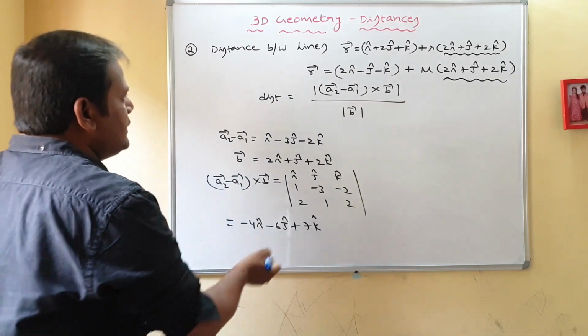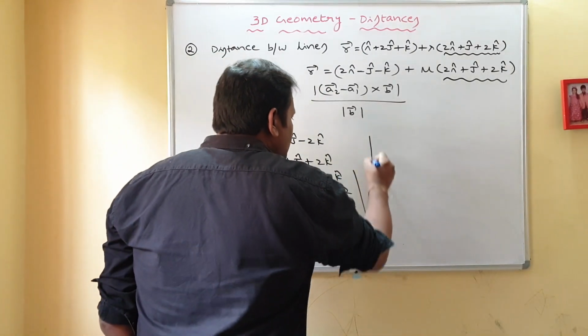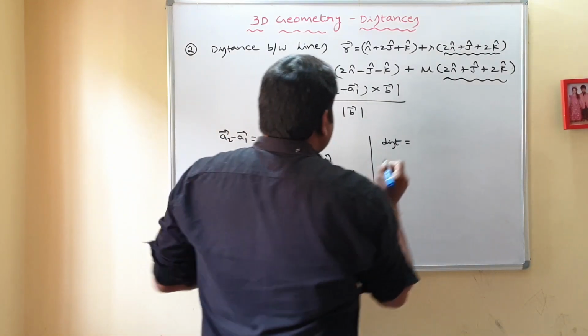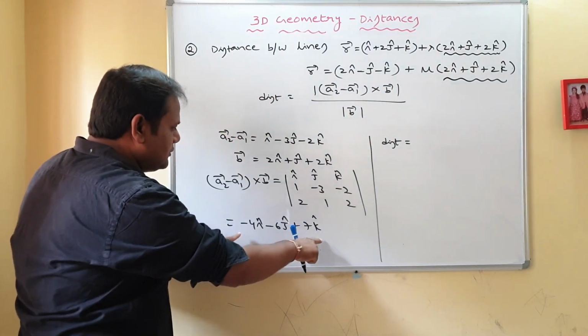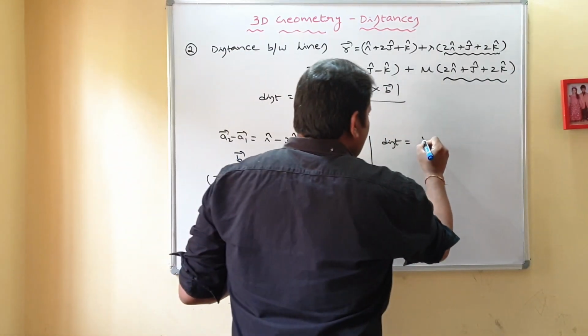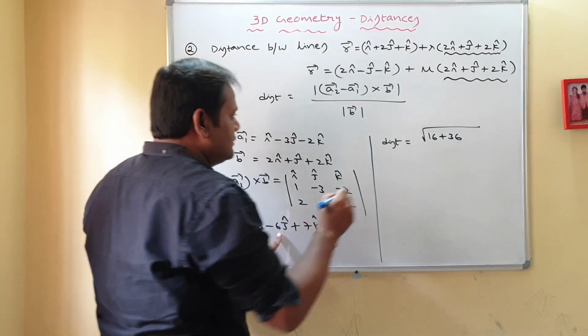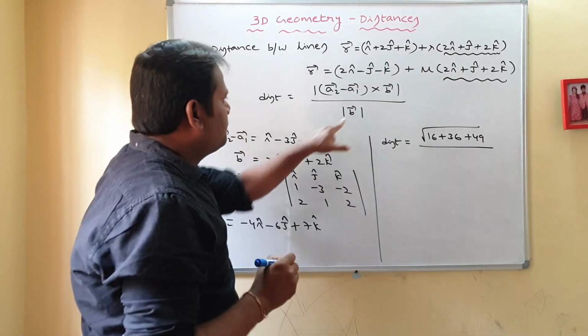Anyhow you have to take modulus to that, is it right? So once you put the values in the formula, required distance equals modulus of a2 bar minus a1 bar cross b bar. So take modulus to this, root over 16, 36 and 49, by mod b bar.